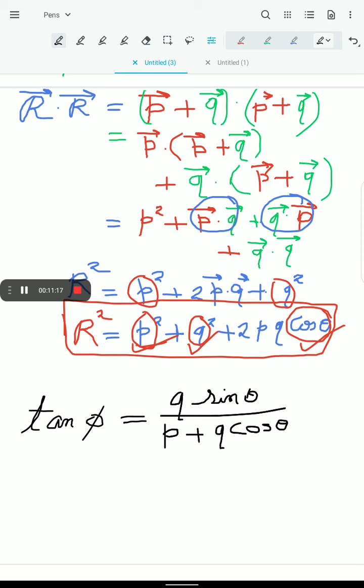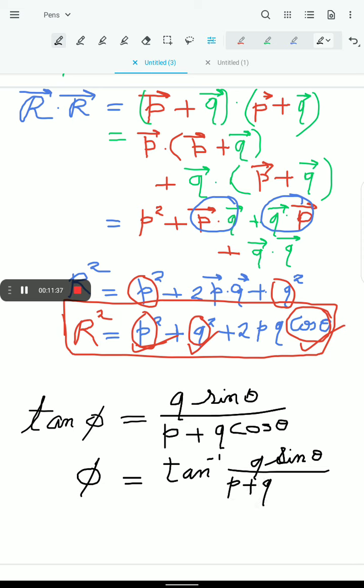So that gives the angle between the resultant and P, phi equal to tan inverse of Q sine theta divided by P plus Q cos theta.